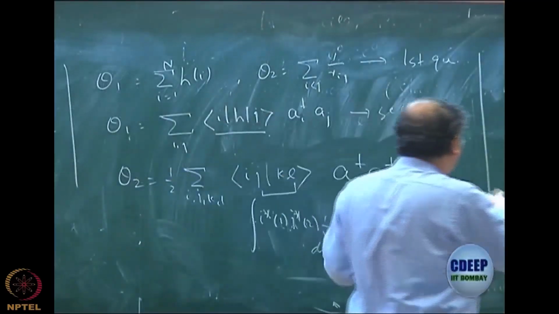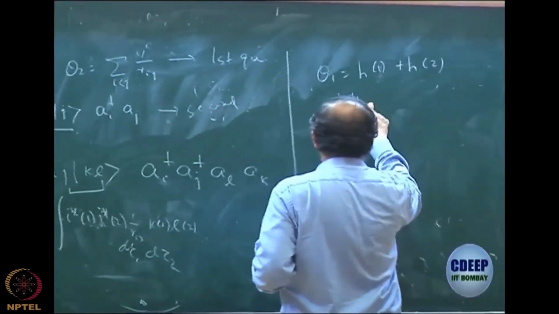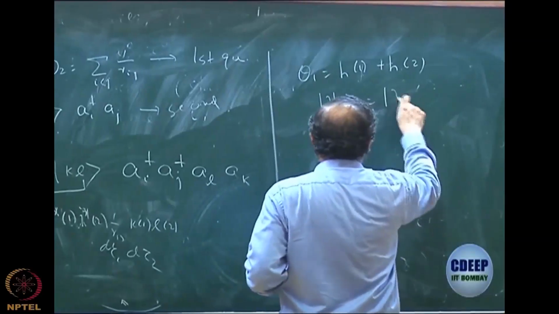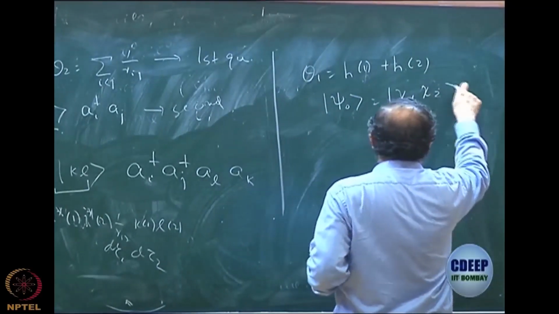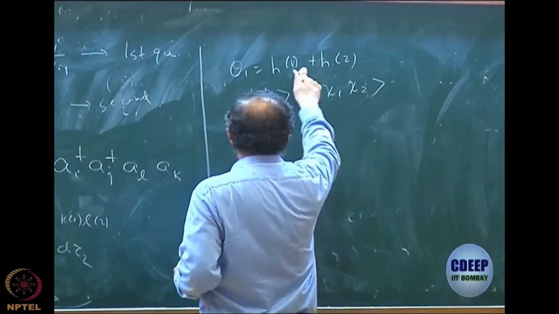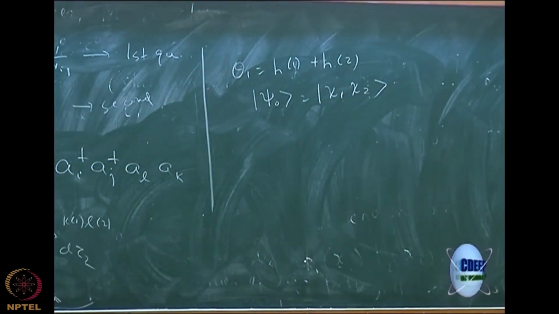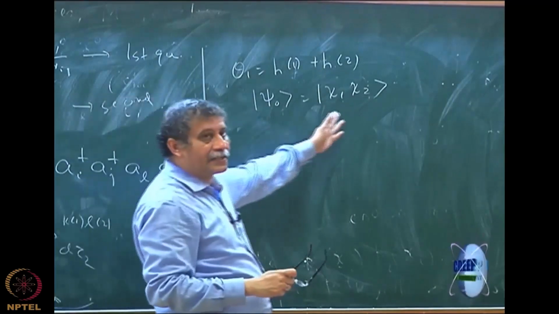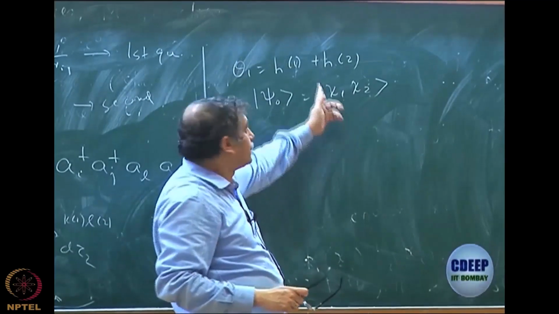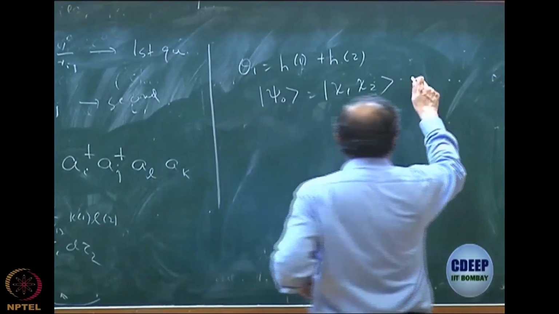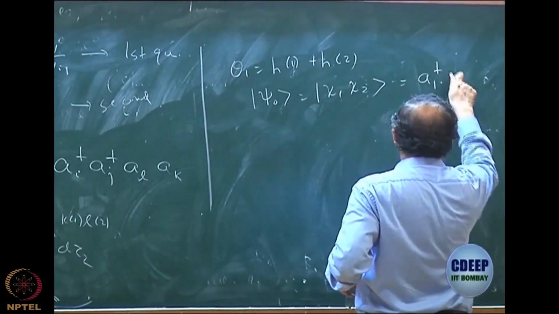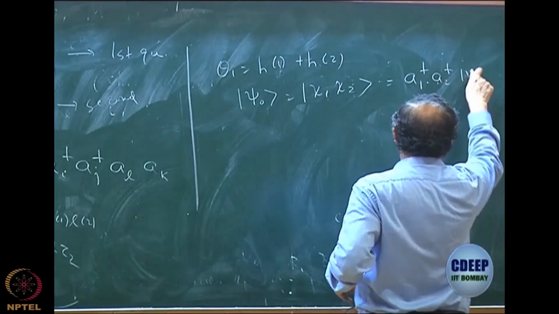Let us say my psi 0 in first quantization is chi 1 chi 2. Note again, these 1 and 2 are spin orbitals, these 1 and 2 are coordinates. I am again repeating, do not confuse these 1 and 2. This could have been chi 3, chi 4, anything. So, these are spin orbitals, these are coordinates. This can be written as a1 dagger, a2 dagger, vacuum in second quantization.